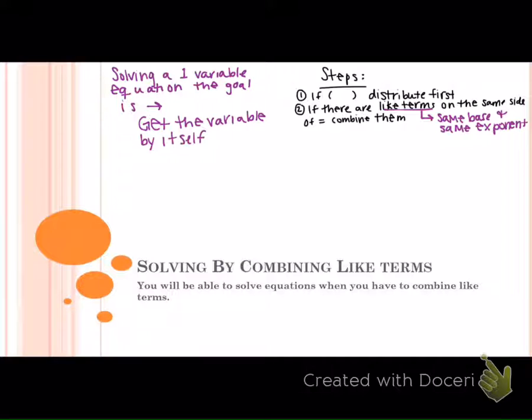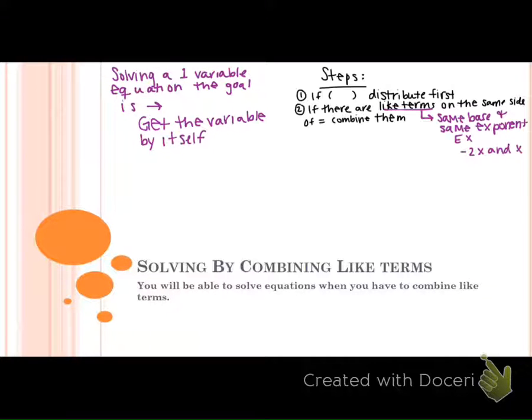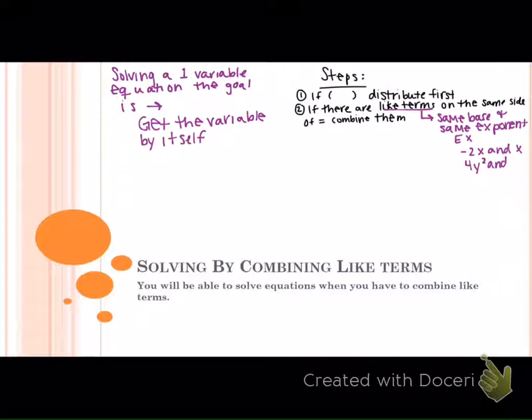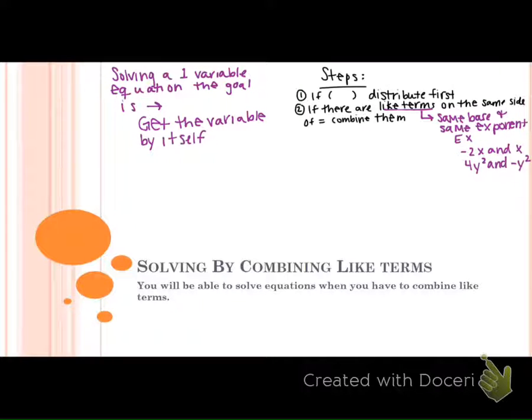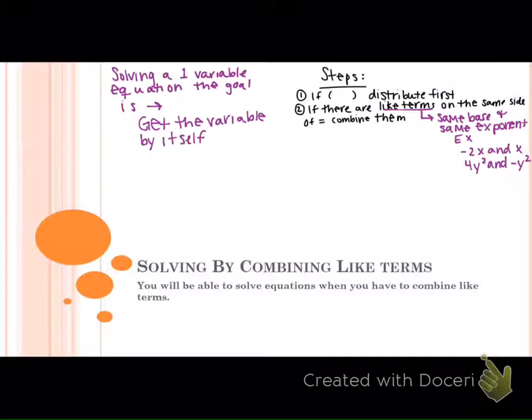Just so you guys know. Some examples are negative 2x and x, or 4y squared and negative y squared. Those are like terms, just so you guys know what like terms are.